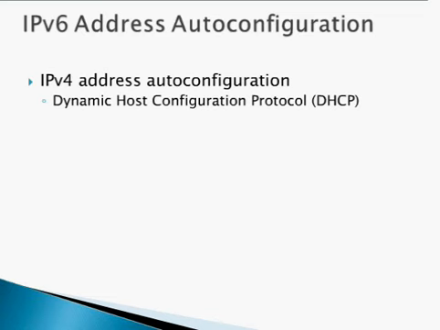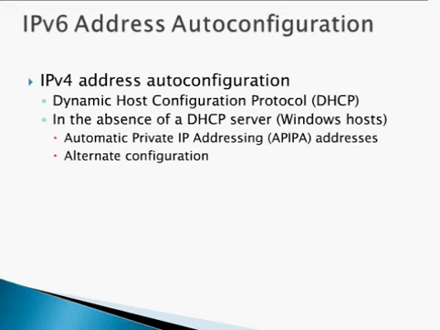So address auto-configuration for IPv4 means DHCP and a DHCP infrastructure. For Windows hosts, in the absence of a DHCP server or a DHCP relay agent on that subnet that's relaying messages to a DHCP server, we have this automatic private IP addressing address, the 169.254. It's kind of a fallback position.